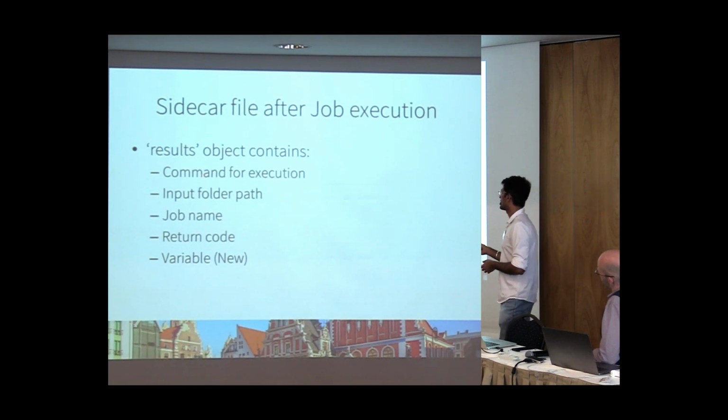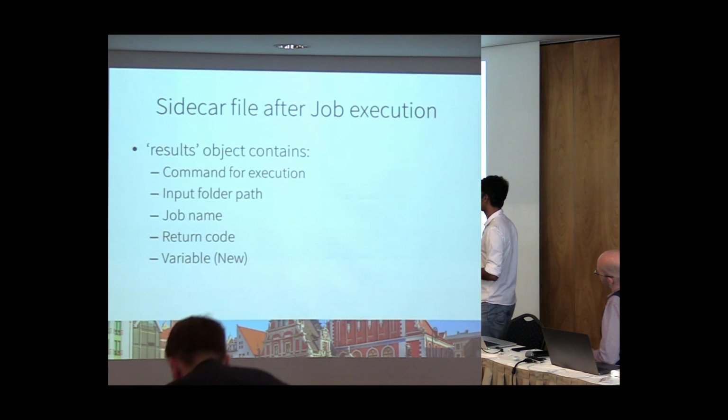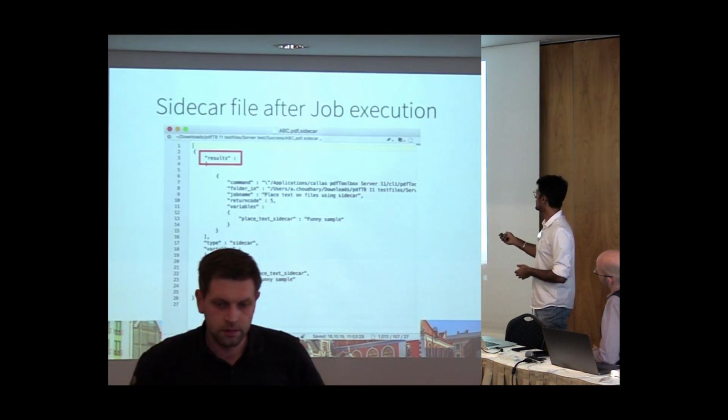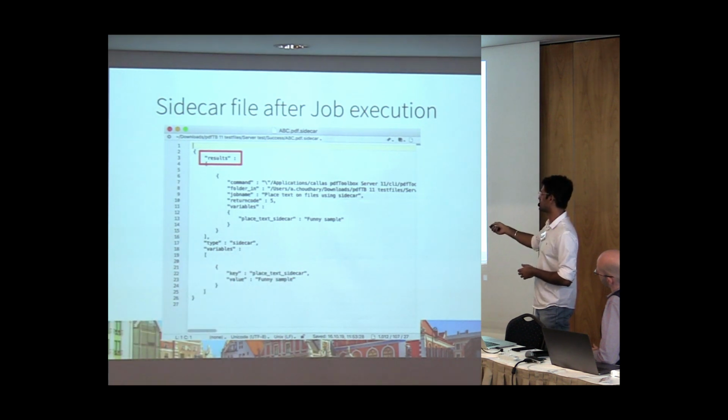That result object has the command for execution, the input folder path, job name, return code, and the variable. So this sidecar file after execution will have a results object, which will have a command, in folder, the job name, return code, and the new variable value that I placed.